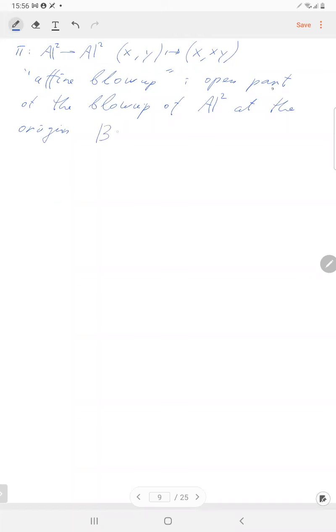So it's called blow up 0 of A2, and it projects onto A2, and it is a very important example of proper morphism. Very important.